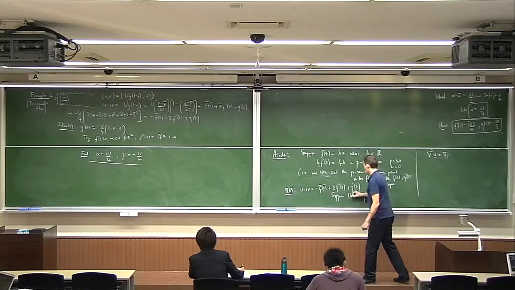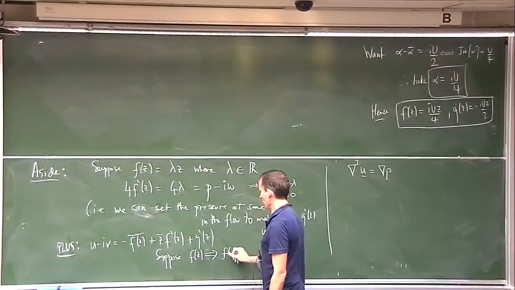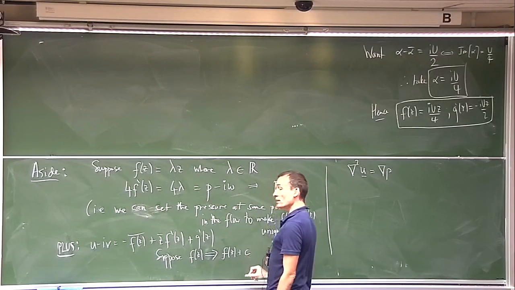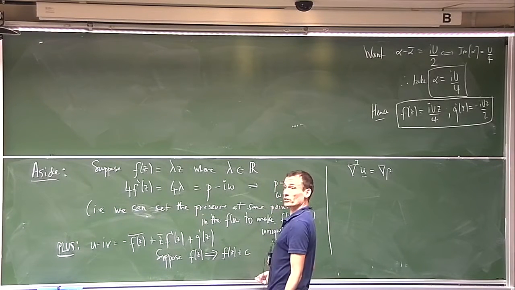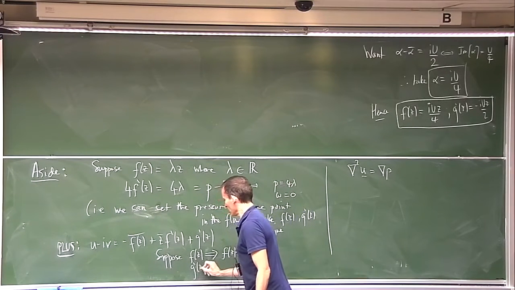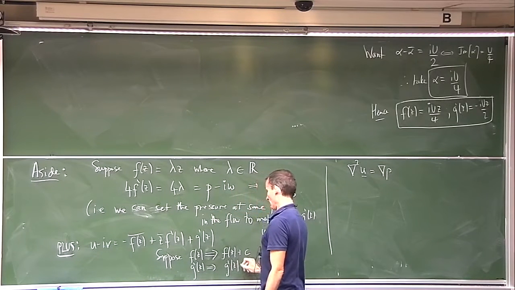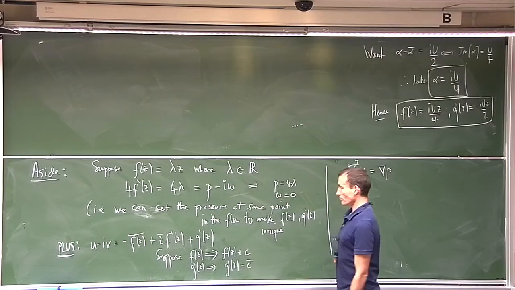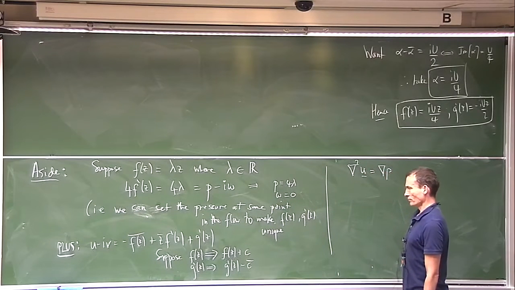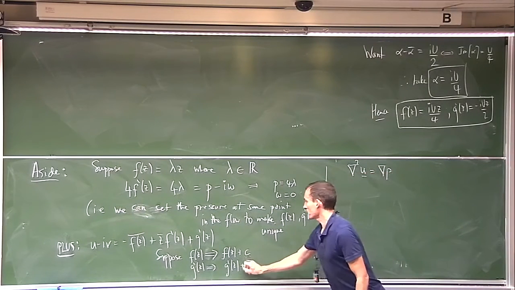Suppose F goes to F plus C, some constant, and G prime goes to G prime minus C bar. Sorry, plus C bar.